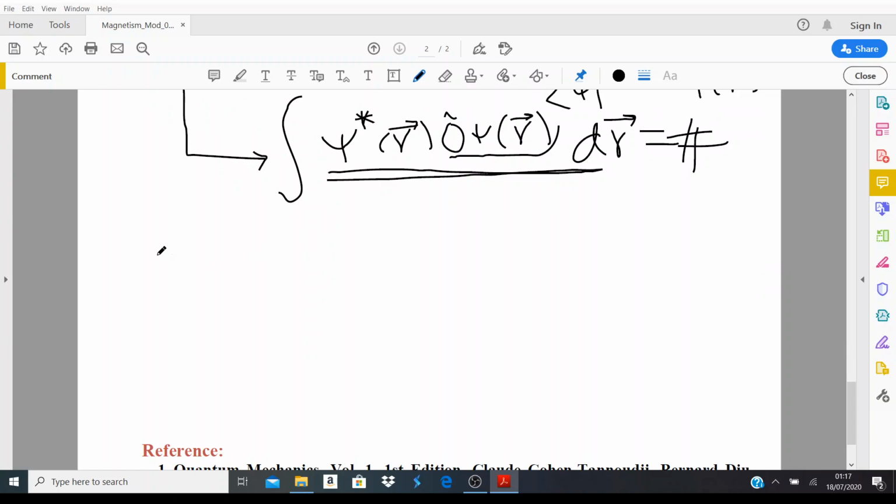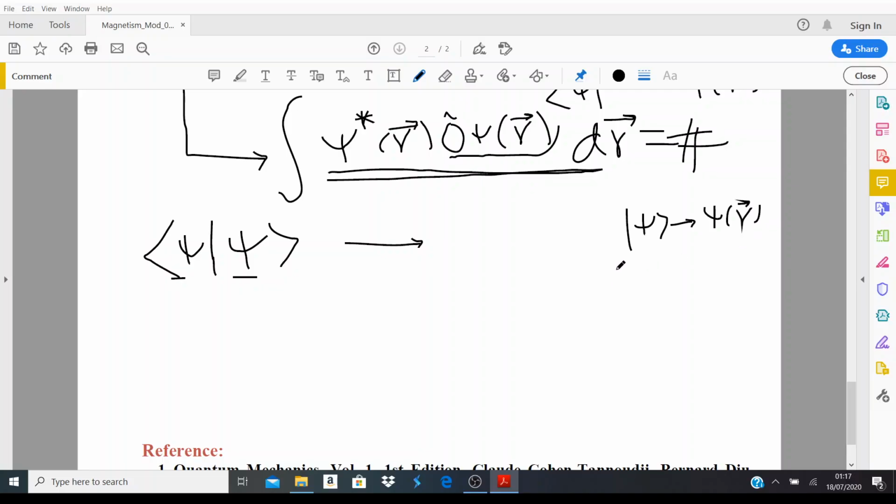And before I finish, another notational point: what is this quantity then, right? An inner product between the bra psi and the ket psi. This is the bra psi, this is the ket psi. Following this rule, you ask yourself, what is the ket? You know the ket is psi, so the corresponding wave function should be psi of r. What is the bra vector? That's also psi. Then what is the corresponding wave function? You have to complex conjugate it, right?